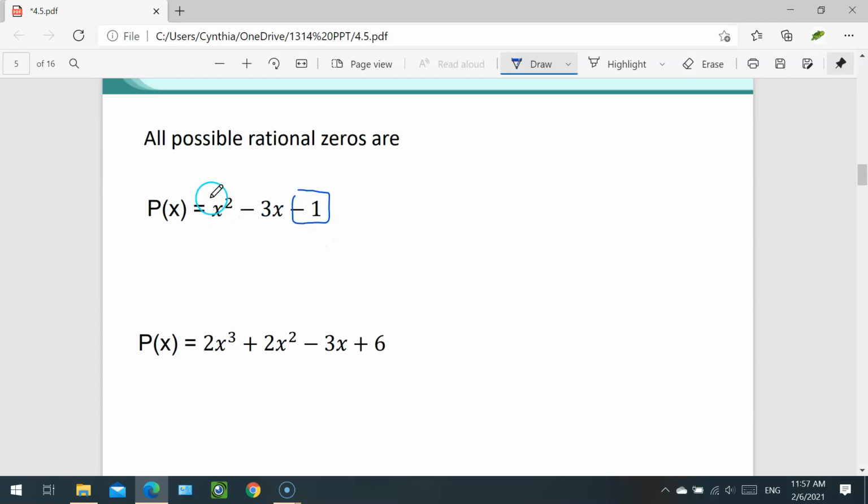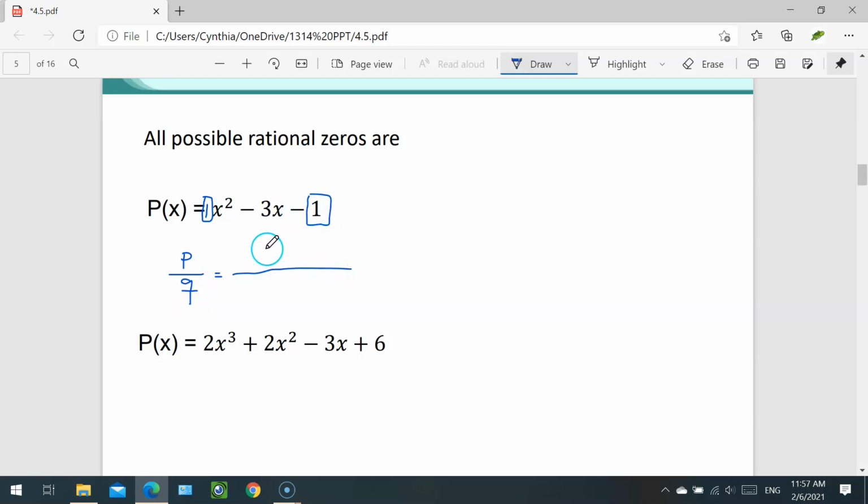This is a 1. How can we find all possible rational zeros of this polynomial function? We look at the last term, the constant term, and the leading coefficient term, which is 1. So your P over Q is 1.